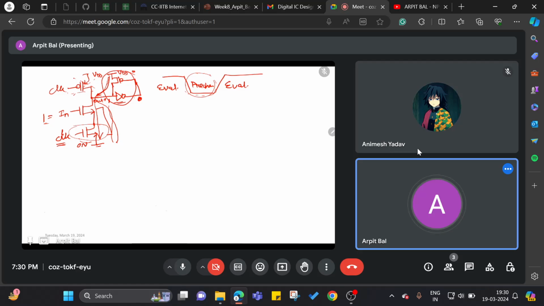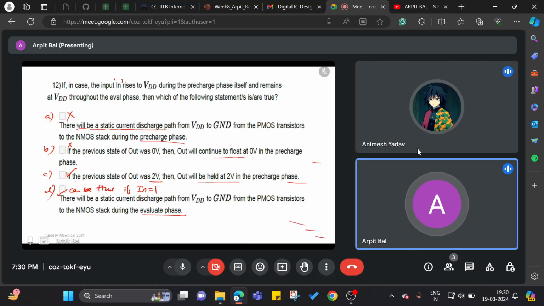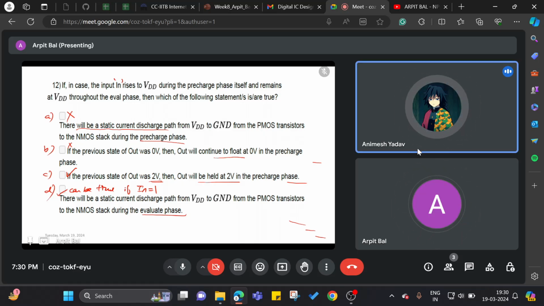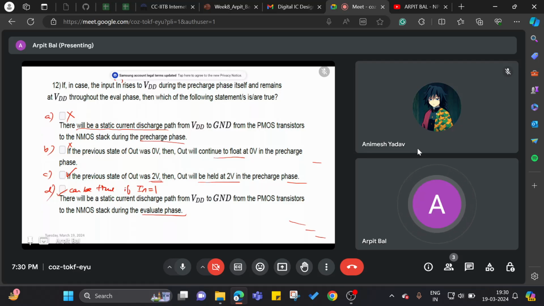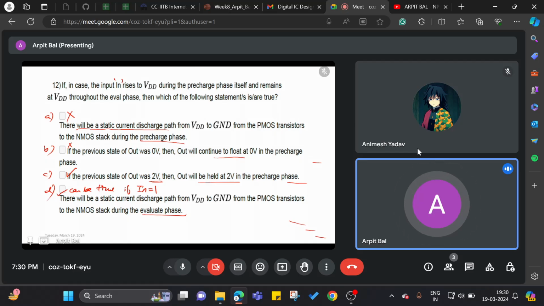So it will bring this value to some known value. Third thing, if the previous state was 2 volt, then the output will be held at 2 volt in the pre-charge phase. It is again because of that PMOS that is present.